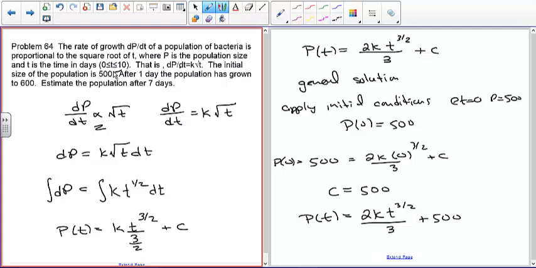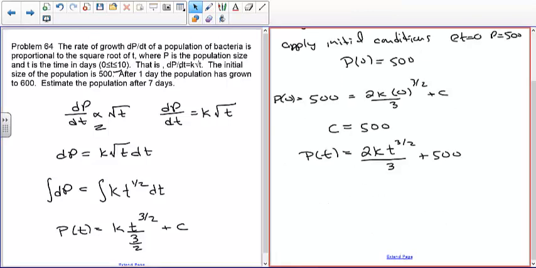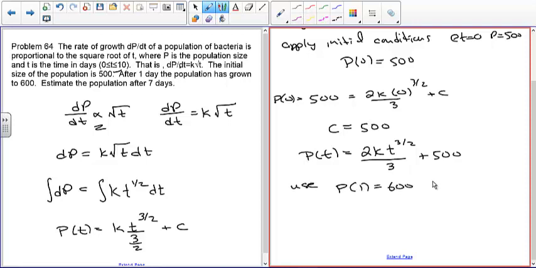We use the next piece of information to get k. So use that p of 1 equals 600 to find k. So p of 1 is 600, and then we stick 1 in there.